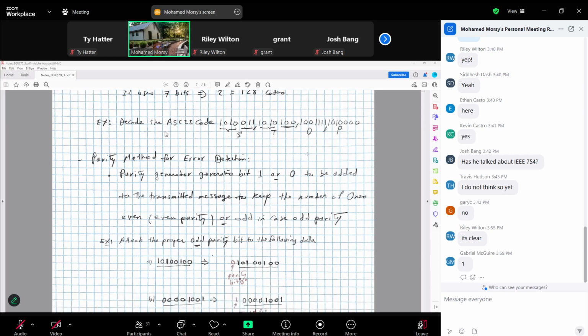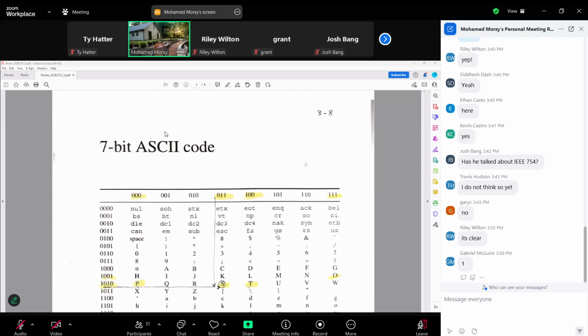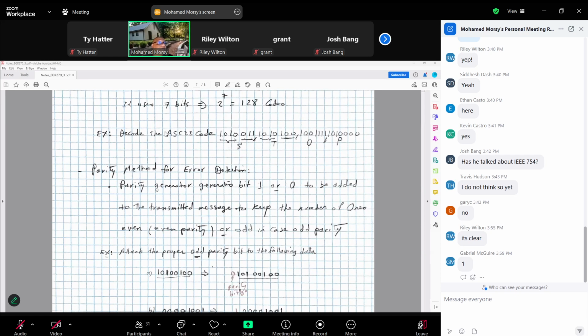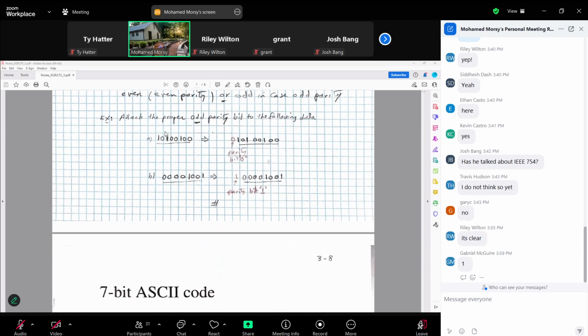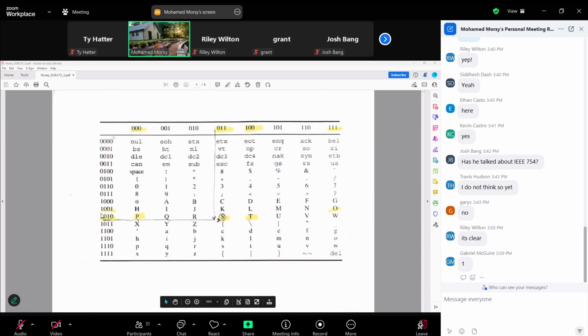And we look at the ASCII code. I posted the ASCII code here for 7 bits. So what is the first part here, the first group? It is 1010, 011. So start 1010 here, on the left side, based on this arrangement, okay?